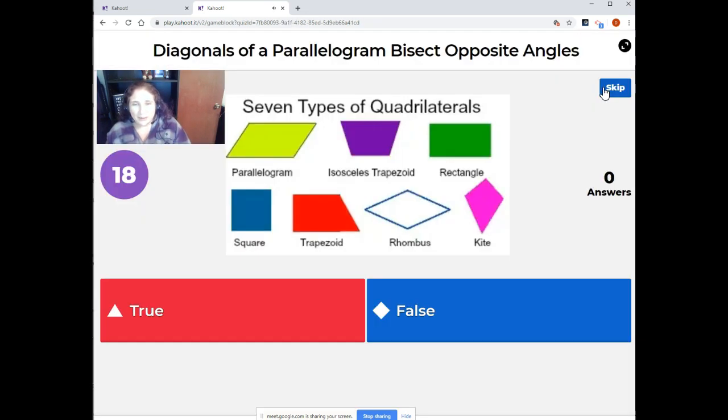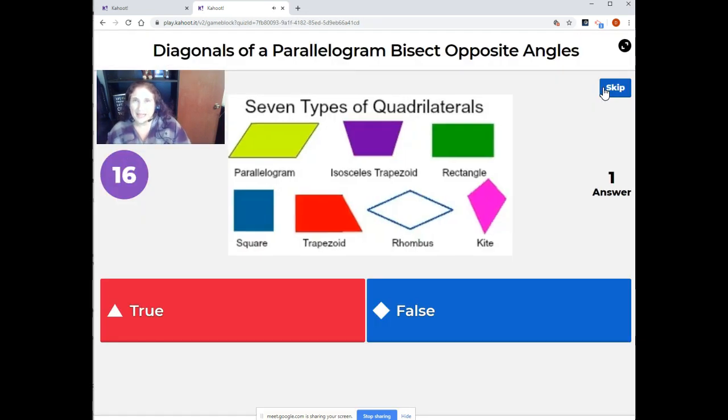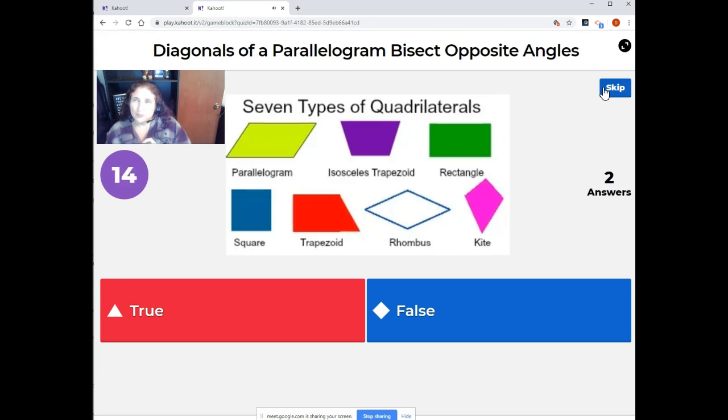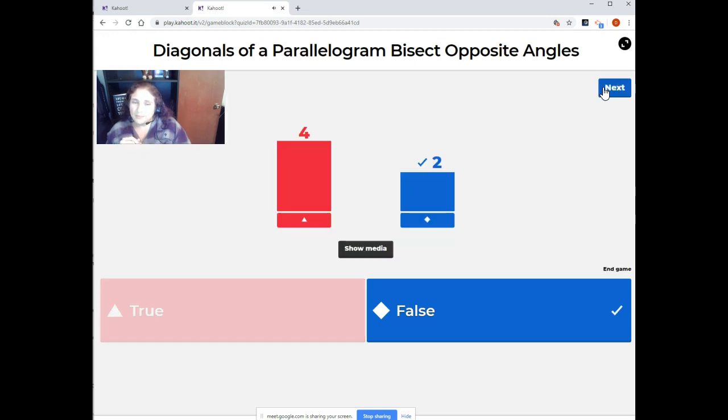Diagonals of a parallelogram bisect opposite angles. This one I didn't know off the top of my head. Yeah, it is false. You know how I figured out it was false?